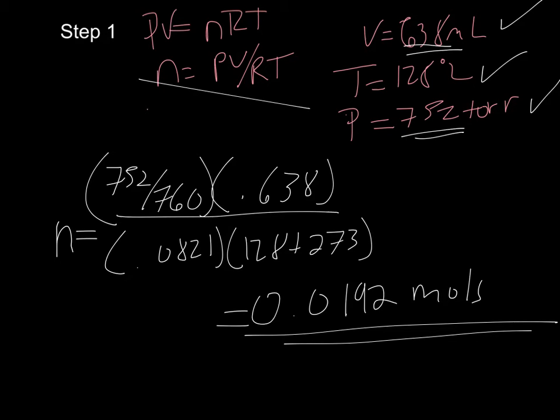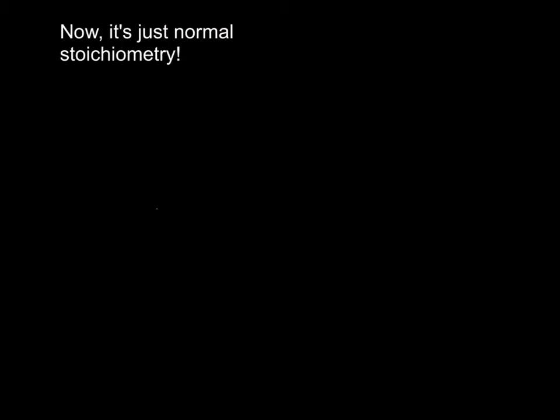We've already done that. That's just normal stoich. So again, once I've solved for moles here, and sometimes you'll start by working normal stoich and using PV=nRT at the end. Once I've solved for it, I can go through and pretty much set it up the way I'm used to, like this. So I know from that last slide I have 0.0192 mole oxygen.